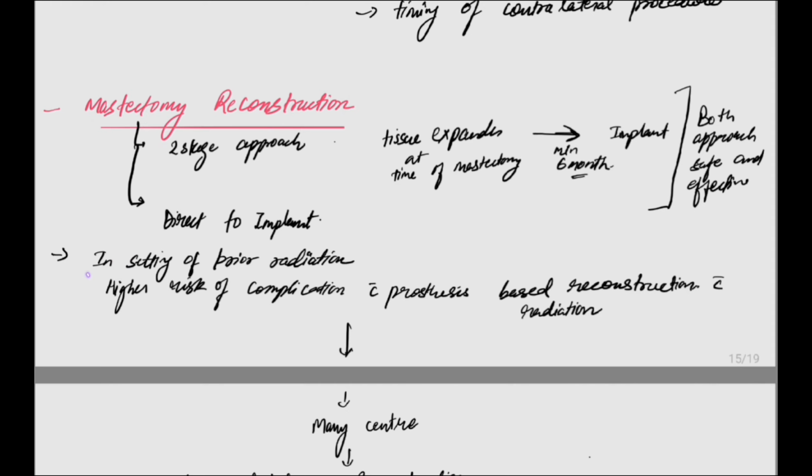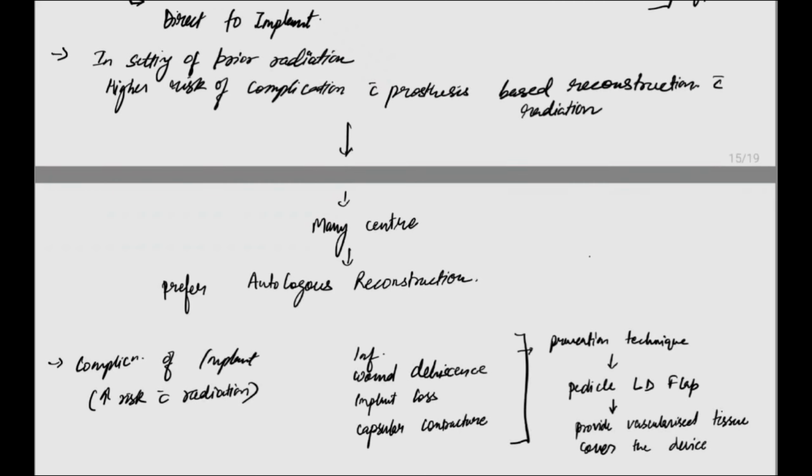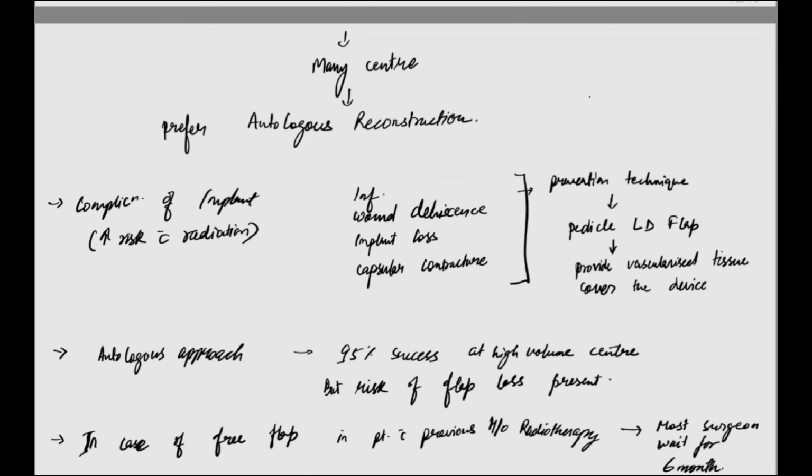But if there is a case of prior radiation, higher risk of complication with prosthesis-backed reconstruction has been identified. So here many centers perform autologous reconstruction because the complications of implants increase in case of radiation therapy.